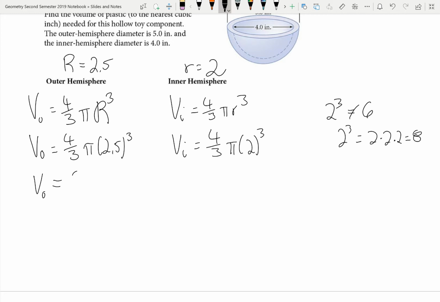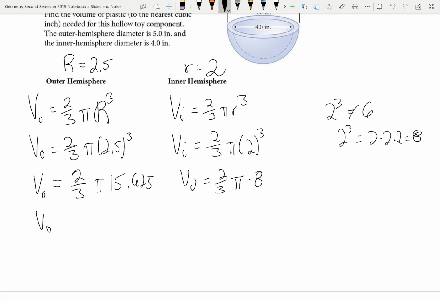It's a hemisphere, right? So it's 2/3. And there we go. So that's 2/3 pi times 15.625. And that's 2/3 pi times 8.